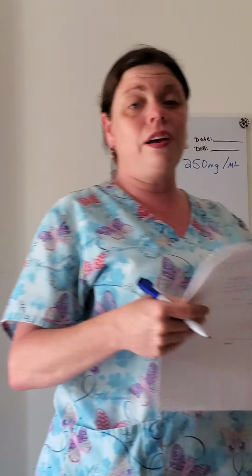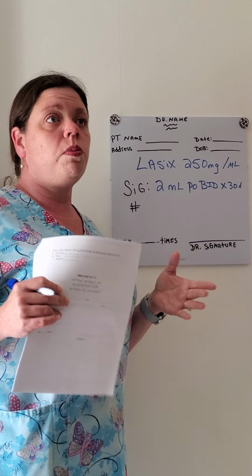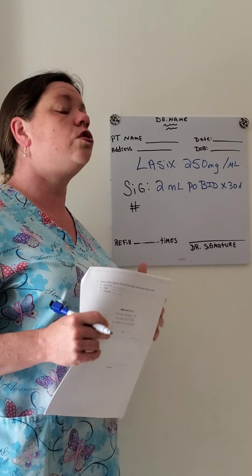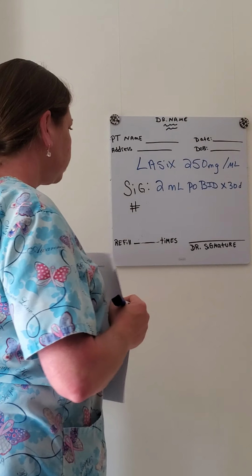Now, usually, if it's a maintenance medication, we don't have to put the times 30 days there. It'll just always be a month prescription at a time, which is 30 days. But maybe this isn't going to be a forever medication. So maybe the doctor only wanted the patient to take this for a month, so they specified for 30 days.